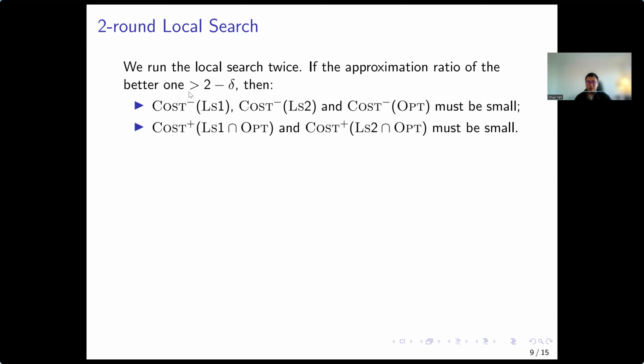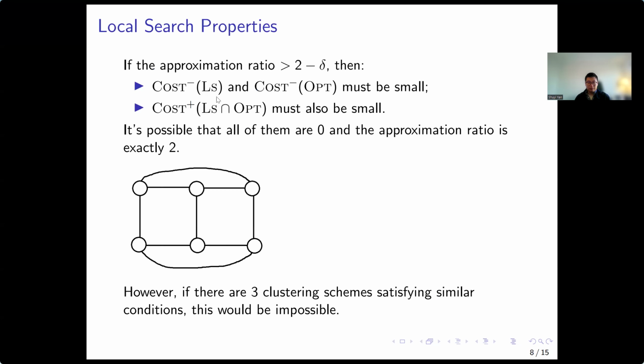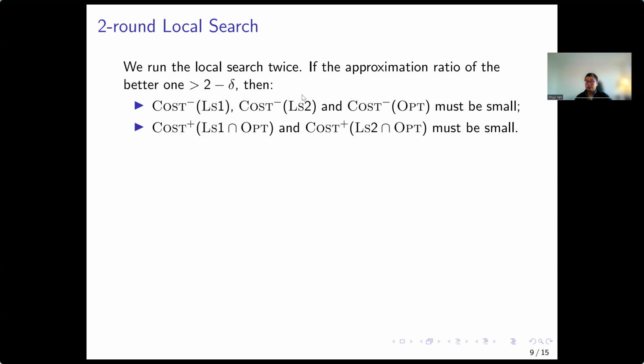So we already have two solutions, which are our local search solution and the optimal solution. The basic idea is that we just run the local search twice to get another local search solution. Well, now we have two local search solutions, and we have these two properties for each local search solution. So we know that these 5 terms are all small.